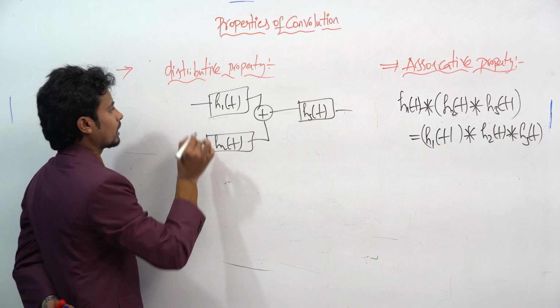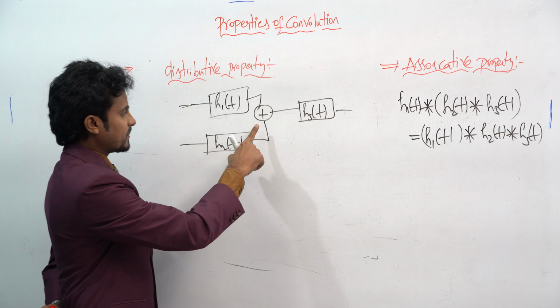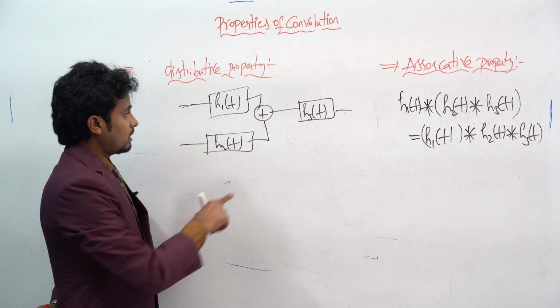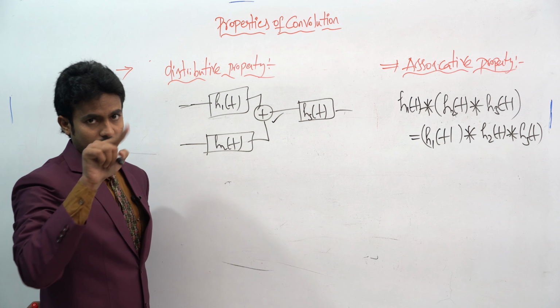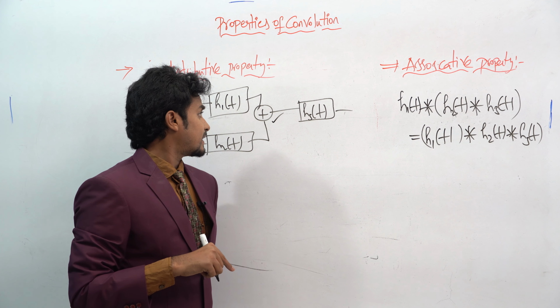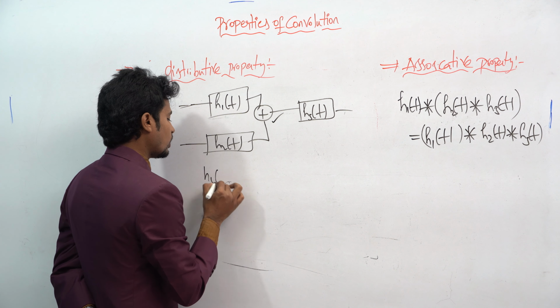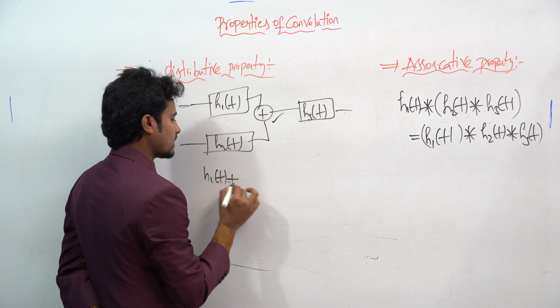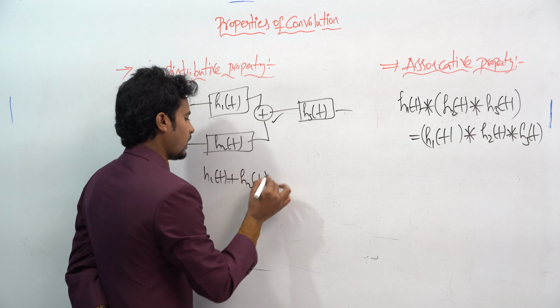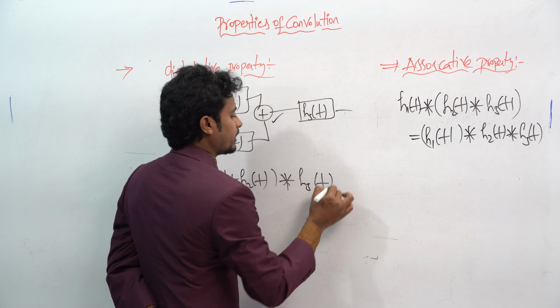How can you write this? This is the summation, right? Whenever there is a plus inside a circle, that is the summation. This will be h1 of t plus h2 of t convolution with h3 of t.